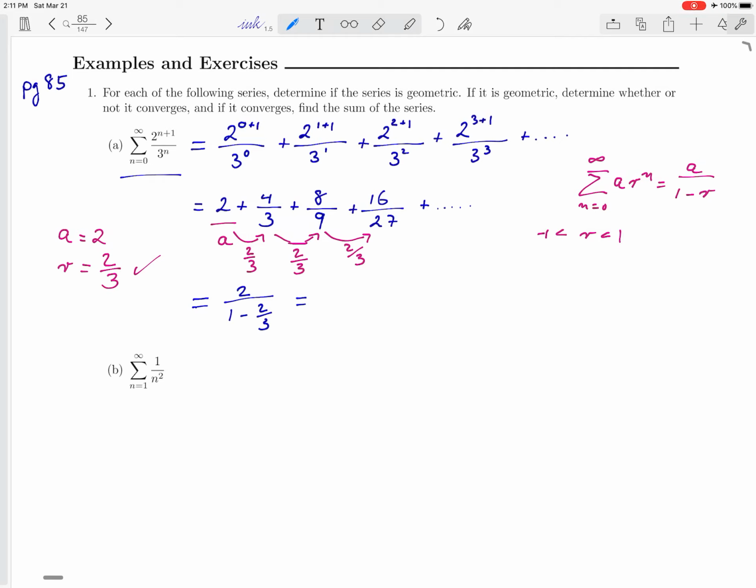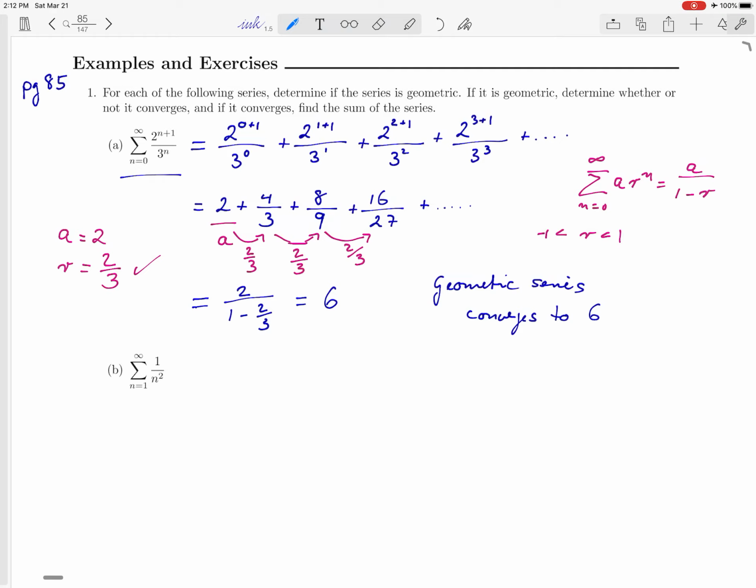And when you simplify this, you get a value of 6. So in this case, our geometric series converges and the value is equal to 6. So our conclusion, it is geometric and it converges to the value 6.